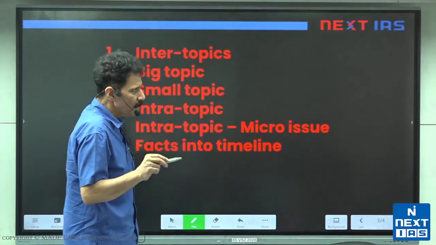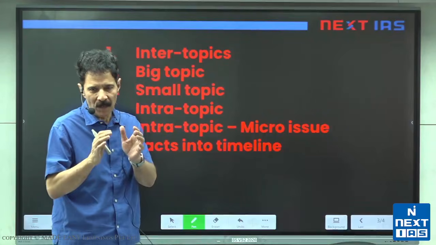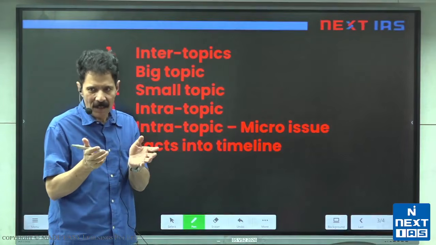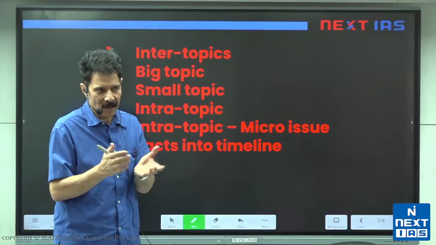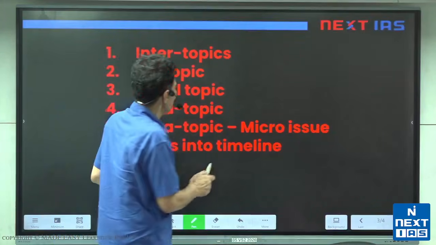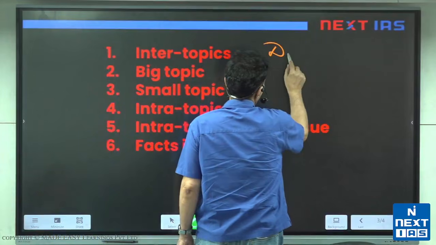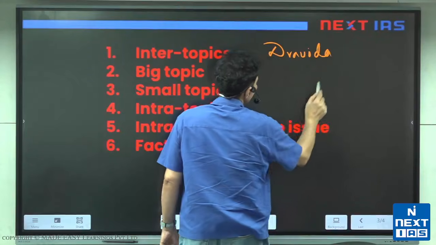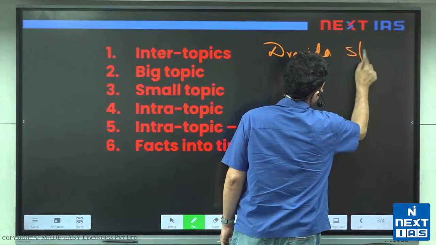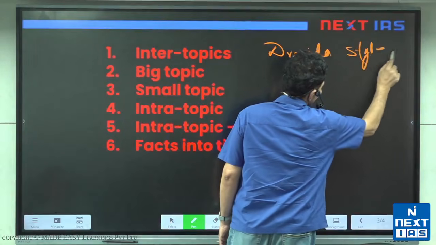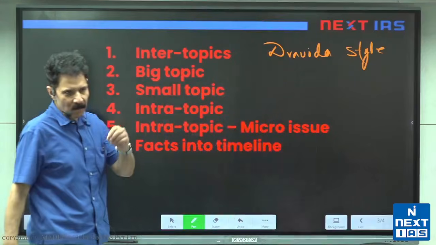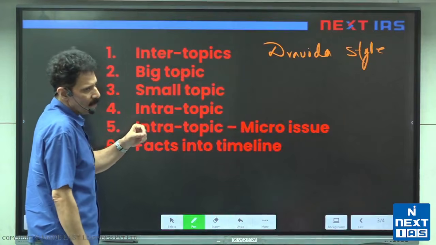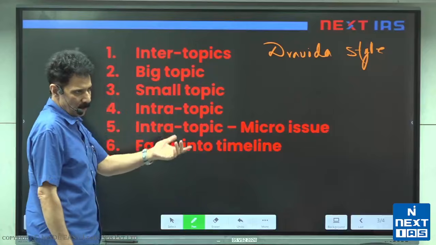In GS, you read temple architecture. There you read styles. One style you read is the Dravida style. Let's consider the Dravida style of temple architecture as one example to understand the use of timeline beyond one topic.